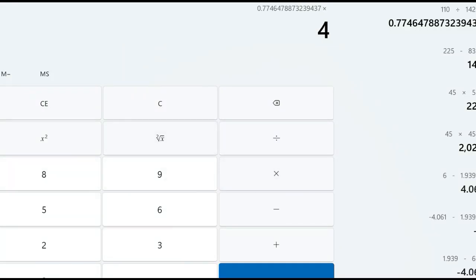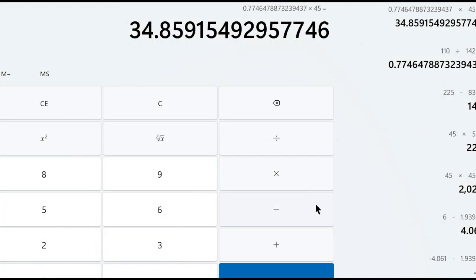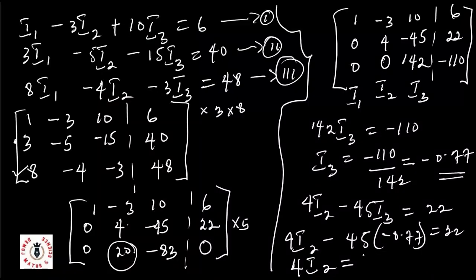I can easily multiply this by 45. That's 34.86. That will be 22 minus 34.86.